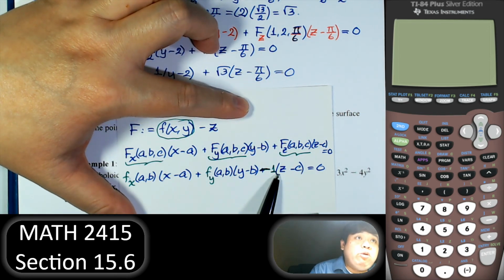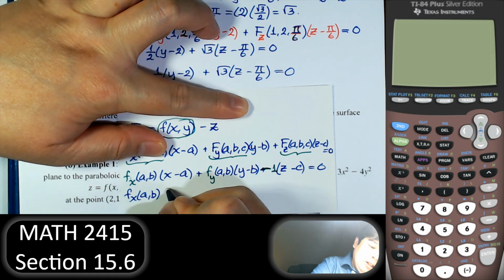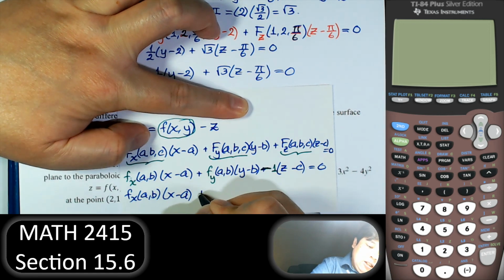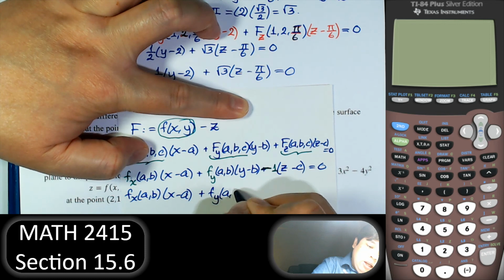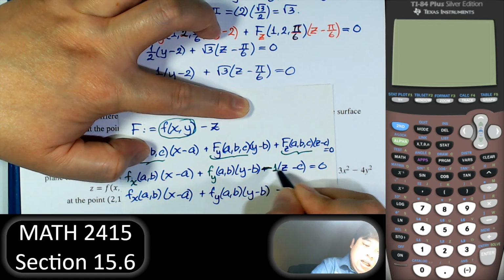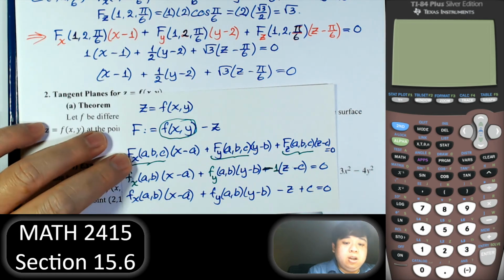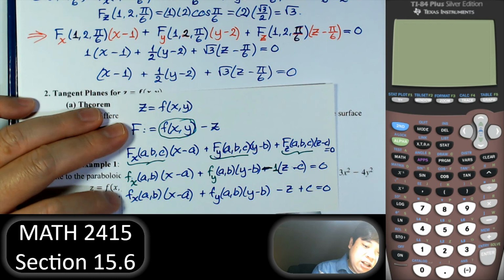And we'll solve for z. Let's say f sub x at (a, b), x minus a, plus f sub y at (a, b), y minus b, minus z, plus c. I just moved the z to the other side.